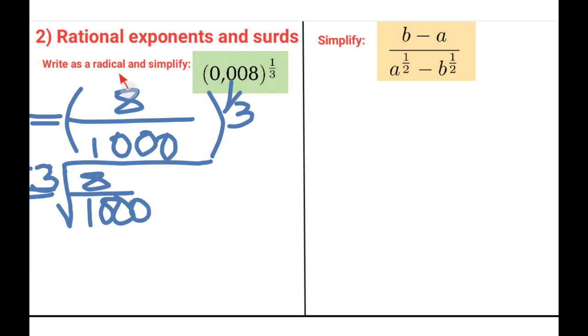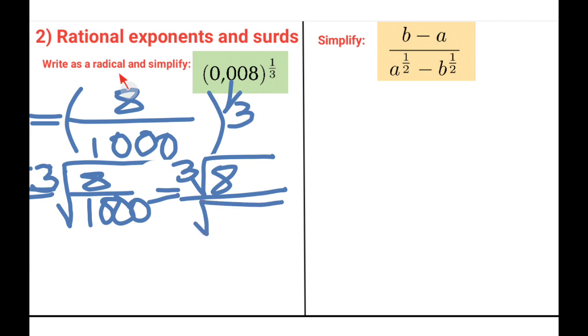Remember, 8 is a cube of 2 and 1000 is a cube of 10. So that is equal to, you break this up, that is the rule. So you can break this up. Remember, I told you surds have similar laws to exponents as a result of their relationship.